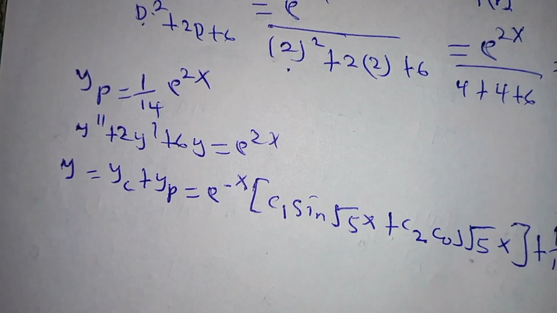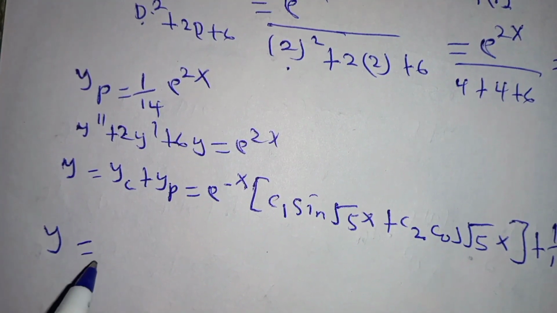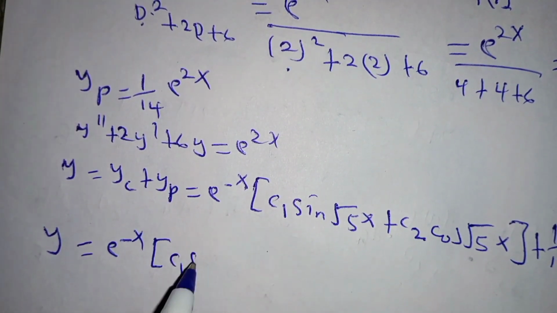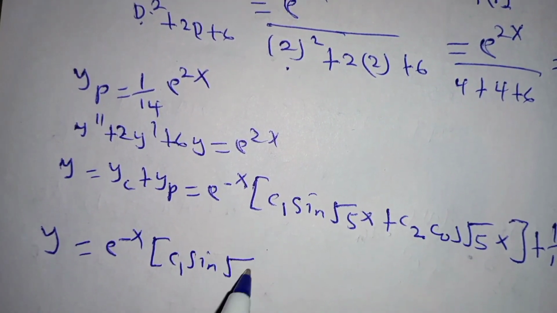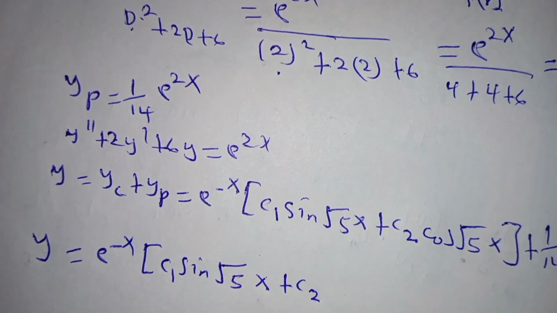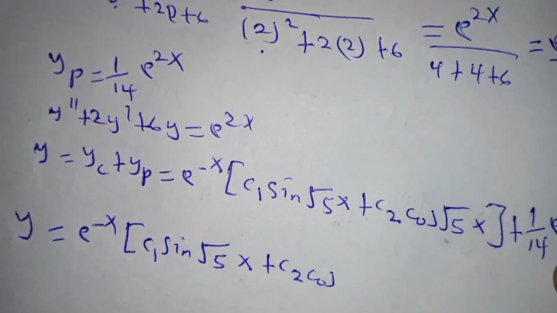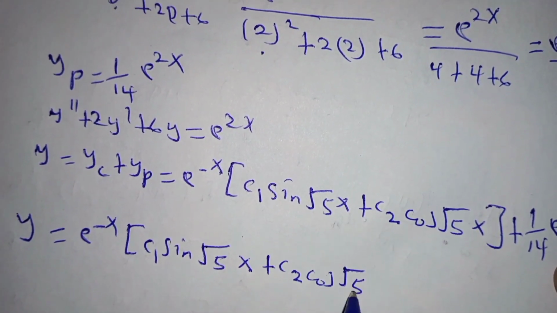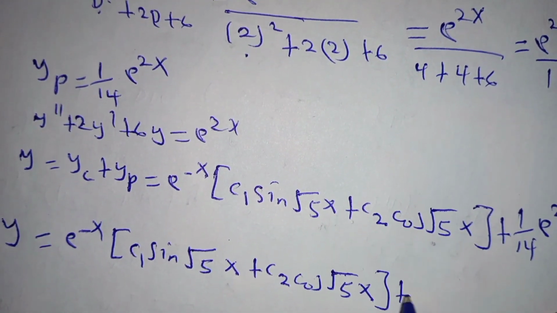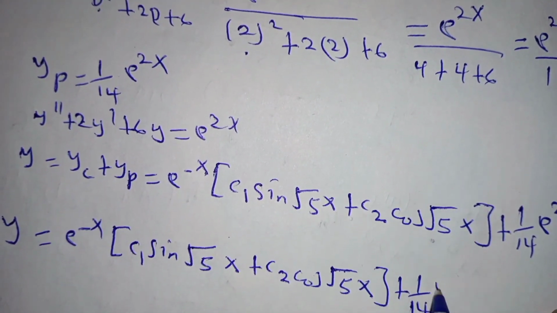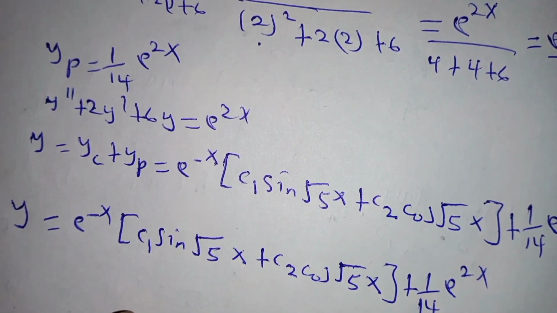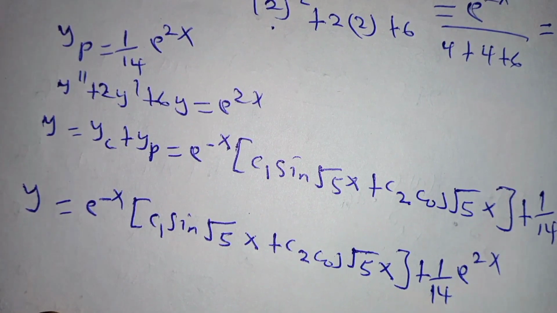In other words, y is equal to exponential negative x into bracket c1 sine of square root of 5x plus c2 cos of square root of 5x, you close the bracket, then plus 1/14 exponential 2x. So that is our general solution of our given ODE.